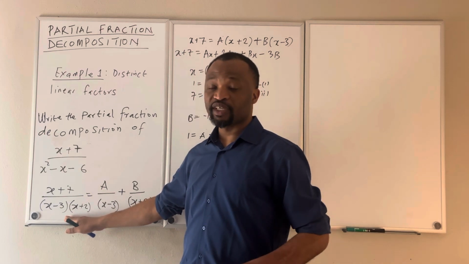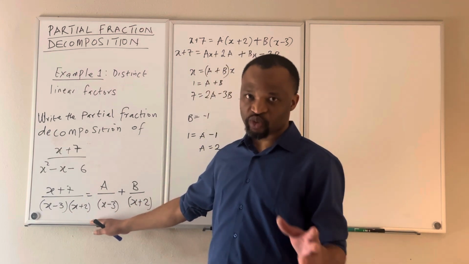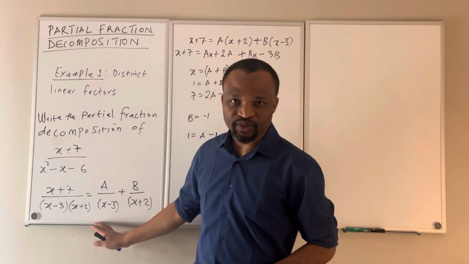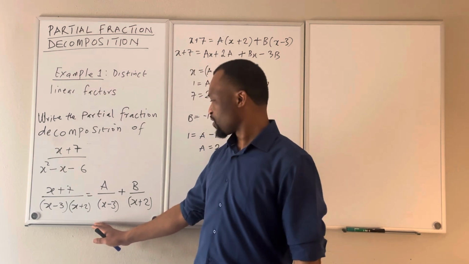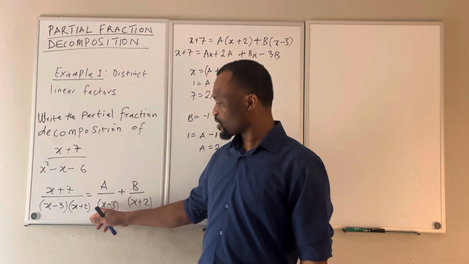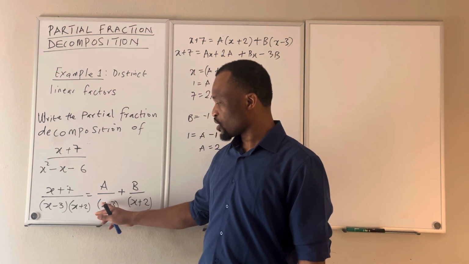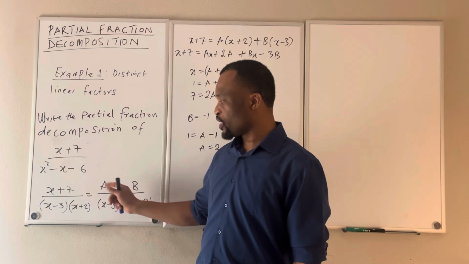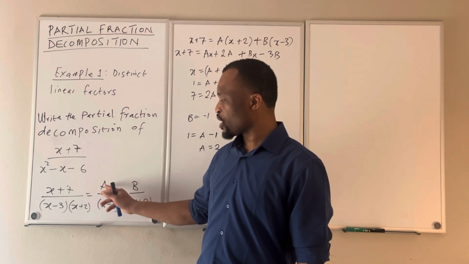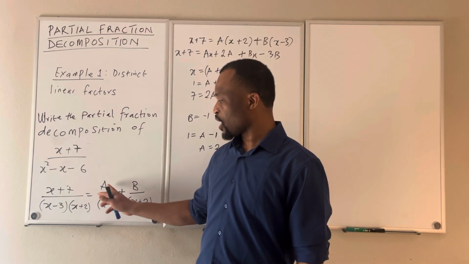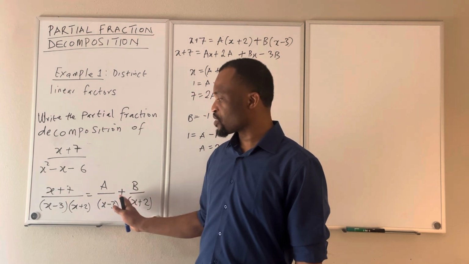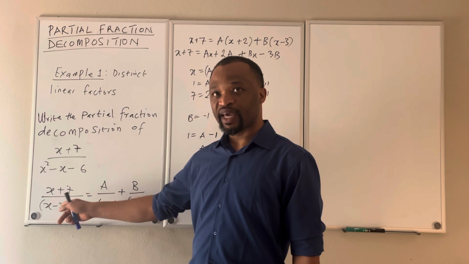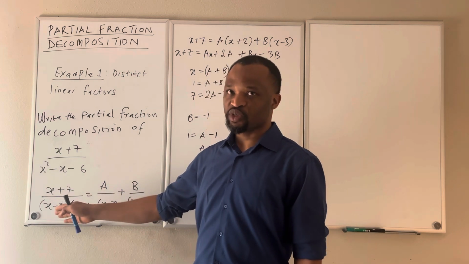Keep in mind, the case will change, as you will see as we move on, if we have non-distinct linear factors. All right. So having said that, the next step will be to write our denominator as x minus 3, one of the factors. The goal here is to look for the constant at each numerator, such that when I add these parts, I get the original partial fraction I was given.